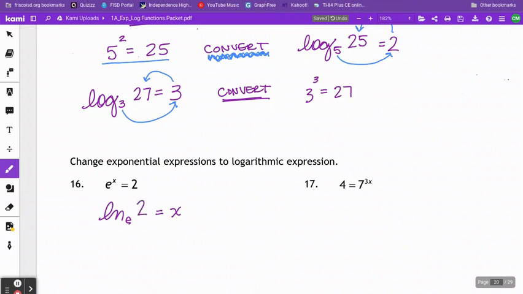And then the 2 is the argument. It goes in here. So this is actually as far as I can go without a calculator. So I'm going to go ahead and erase this little e here, since we typically do not write the base e there. It's just understood. I can actually go to my calculator now and calculate this to get a decimal approximation. So let's do that.